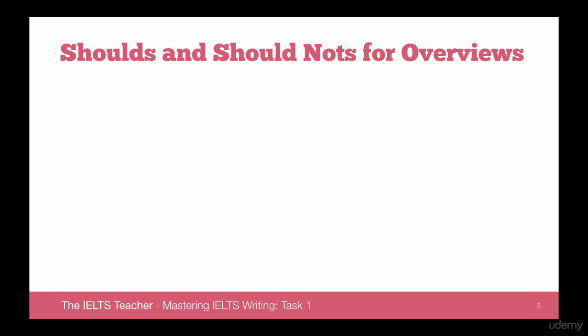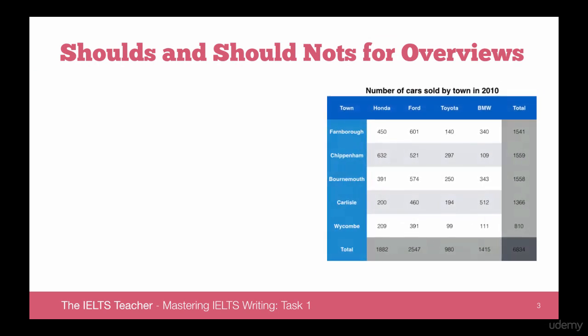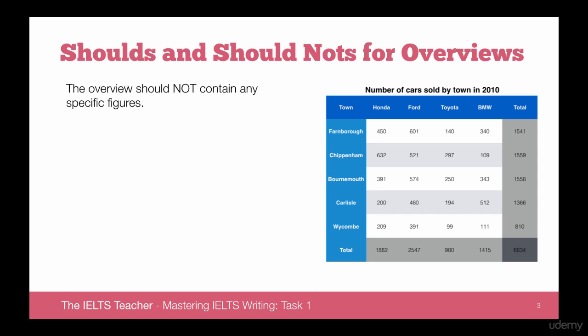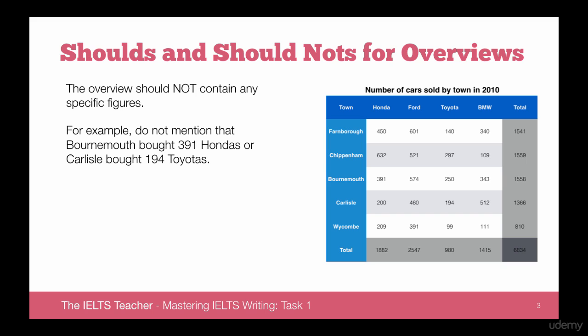First of all, some should and should nots for overviews. What should you not do? Here's a table for us to look at as an example. Now the overview should not contain any specific figures related to that table. For example, do not mention that Bournemouth bought 391 Hondas or Carlisle bought 194 Toyotas.